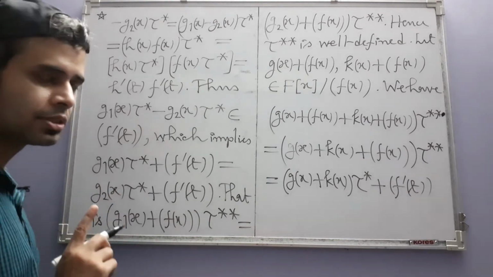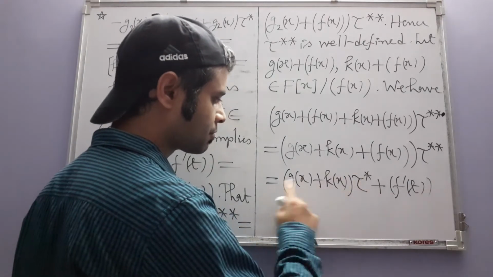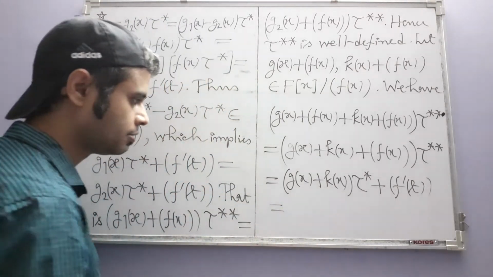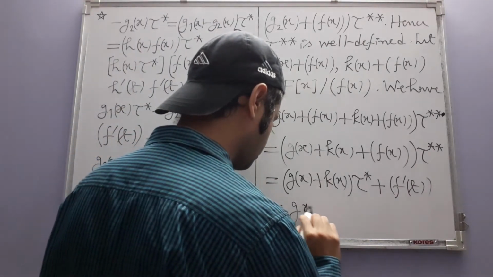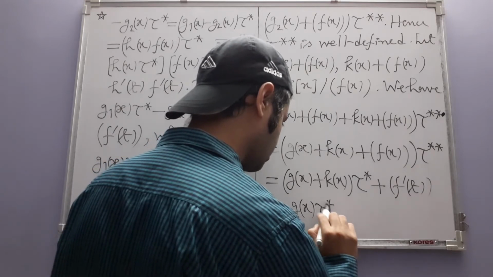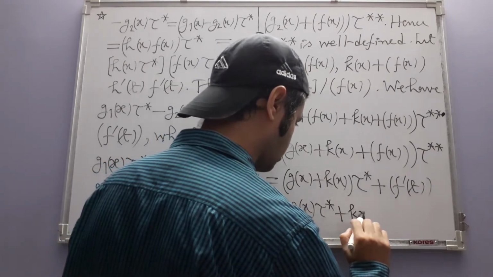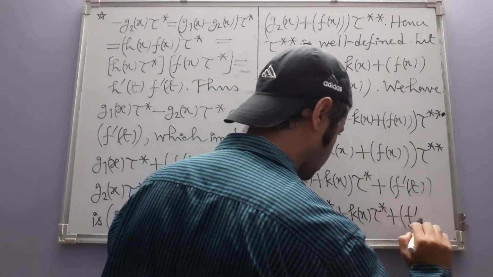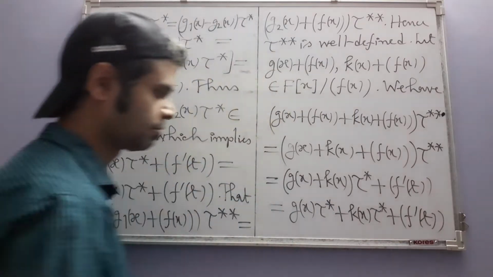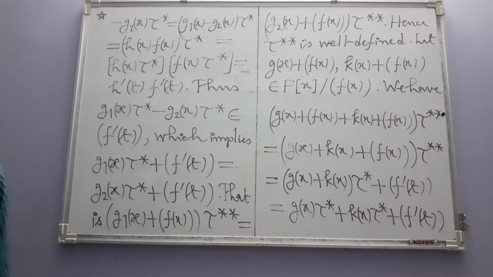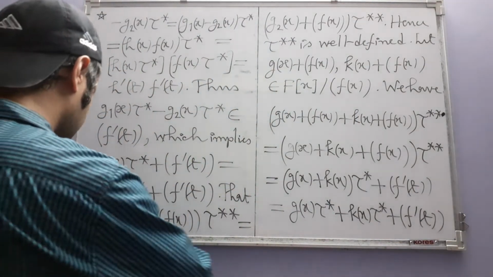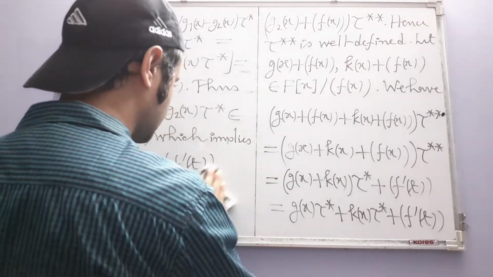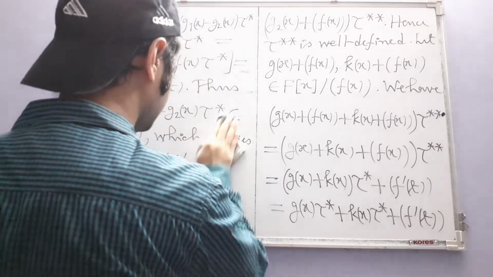Now we use the fact that the previous isomorphism of course also respects addition. And then by the definition of addition in the second quotient ring, our target quotient ring of the function tau star star, we can write something else in place of this.